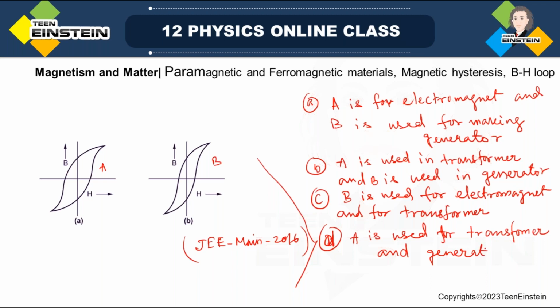I have already discussed the use of soft and hard ferromagnets. You can see B is actually a soft ferromagnet.